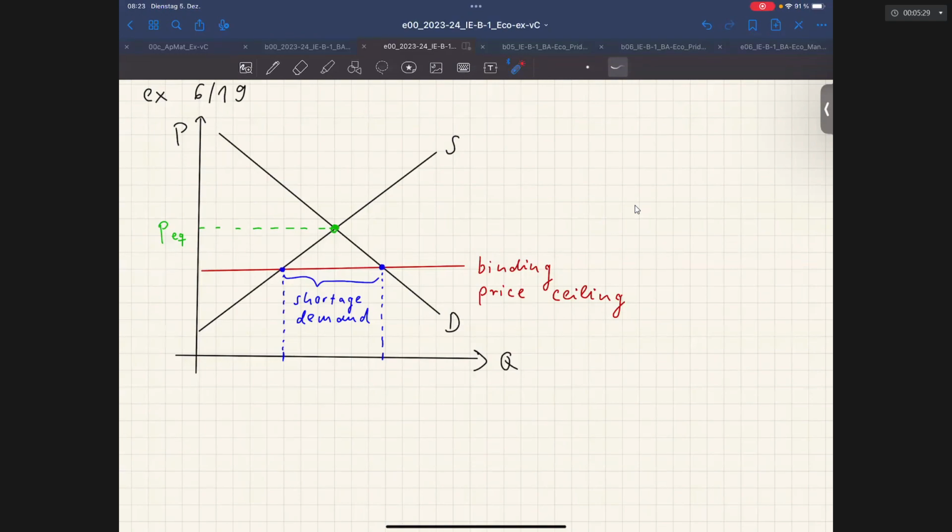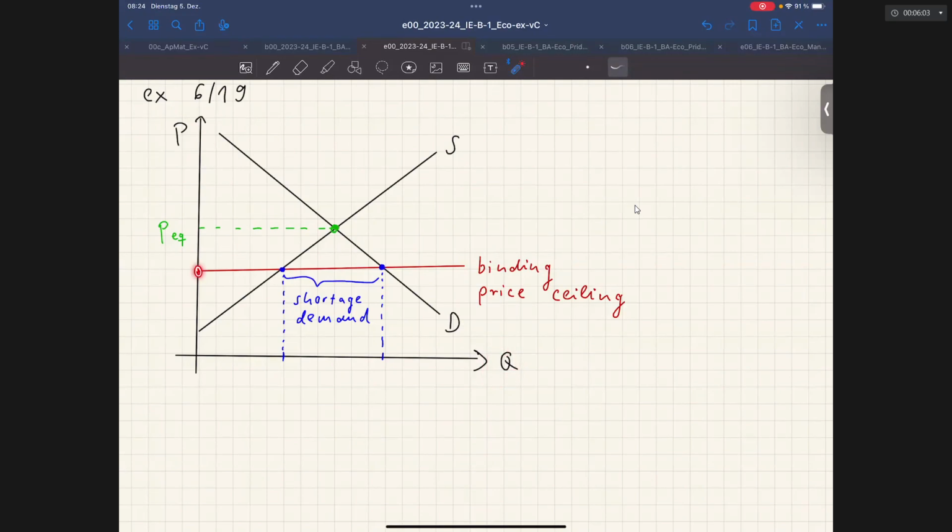But won't we have a shortage on the left triangle as well? Sorry, could you say it again? Wouldn't we have the shortage on the left triangle as well? A shortage in the left triangle? No. Because here you can find the shortage quantity-wise: demand is what people would like to buy for a somehow small price. But for that small price, this quantity is offered here.